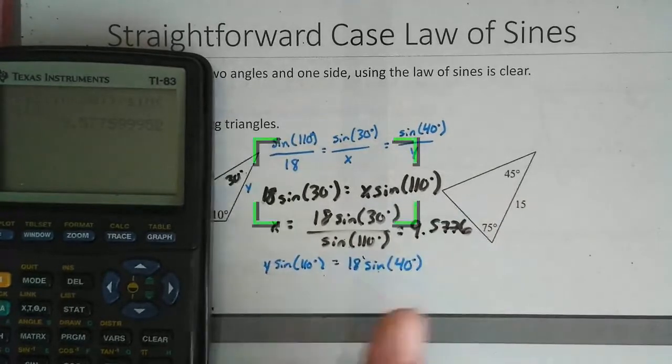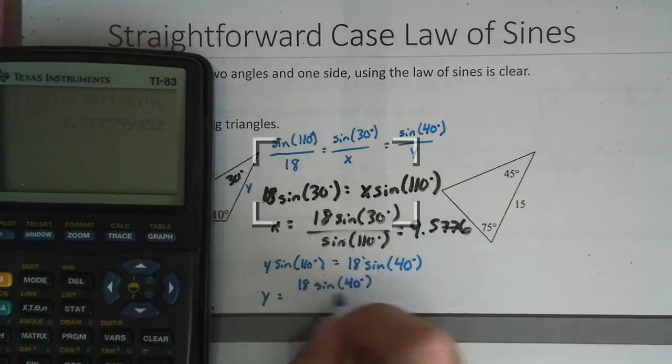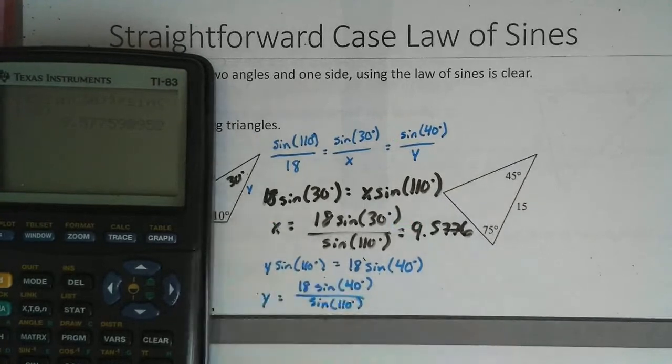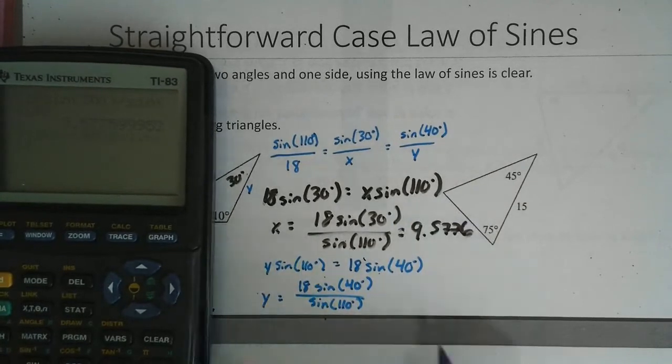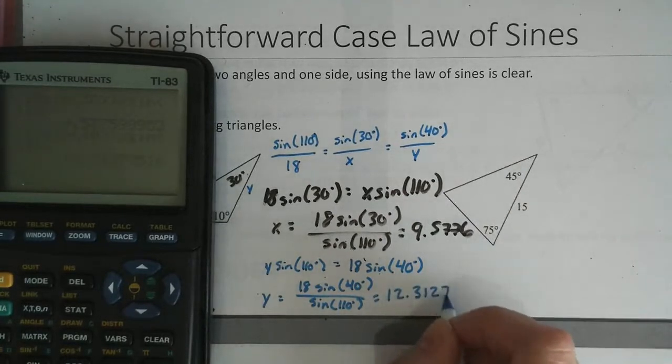If I divide both sides by the sine of 110, I get y is equal to 18 times the sine of 40 over the sine of 110. And 18 times the sine of 40 divided by the sine of 110 is equal to 12.3127.